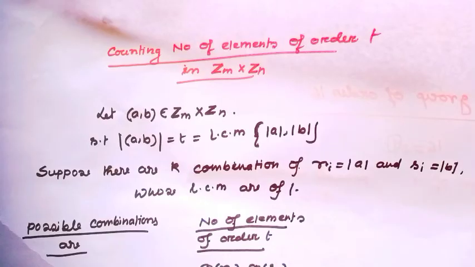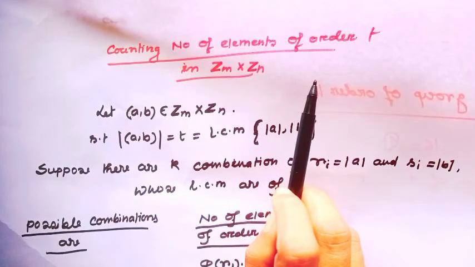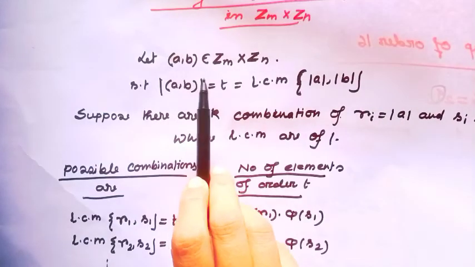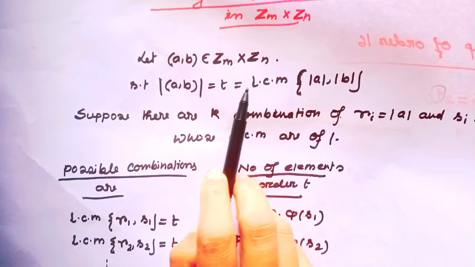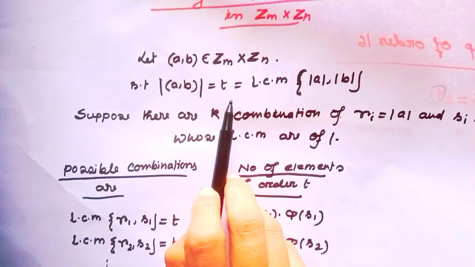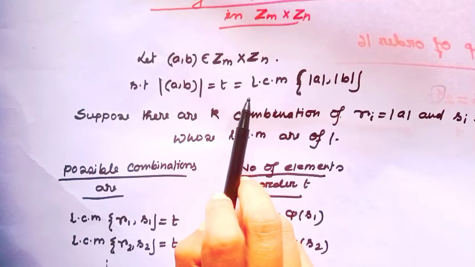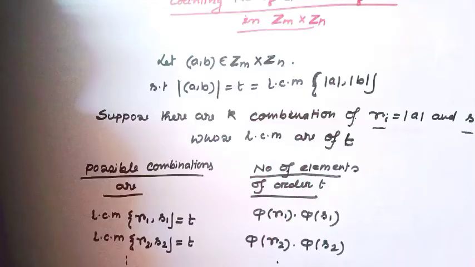For this, at first let's see how to find the number of elements in Zm direct product Zn. Let's consider (a, b) be any element of Zm cross Zn such that order of (a, b) equals t, which is LCM of order of a and order of b.